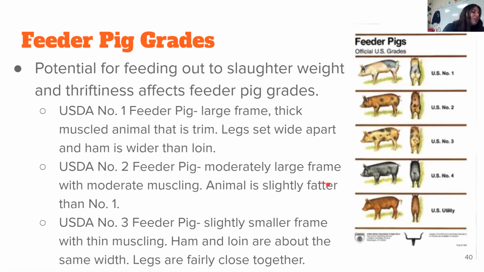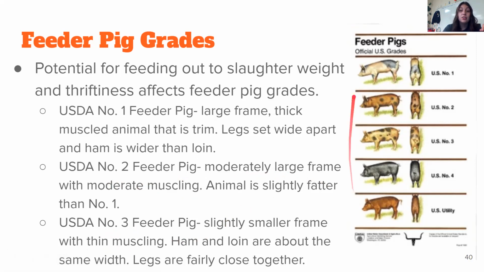If they've got a pretty good size frame, slightly bigger than average, and decent muscling, just about average, then we're going to say they're a number 2. And if they're on the smaller side and they don't have a whole lot of muscling, then we're going to give them a number 3.